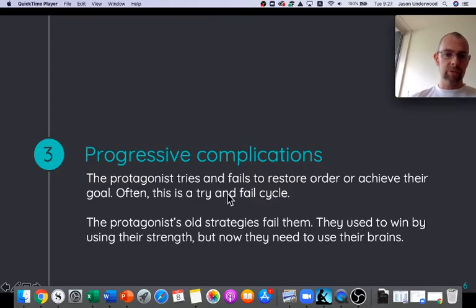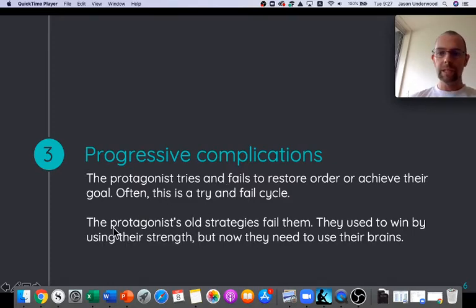And he'll try and fail and try and fail. There's complications thrown at him by the villain and he eventually succeeds. But these progressive complications are essentially cycles of trying and failing to restore order or trying and failing to defeat the villain of the story.